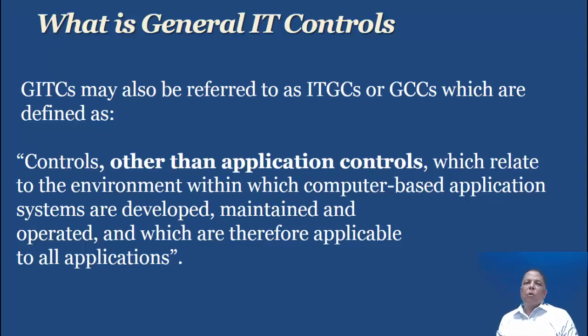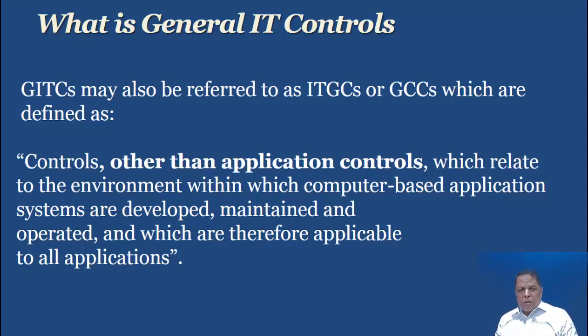Any application will be sitting on an operating system. It will have a database. It will have networks. There will be procedures to handle user management, user creation, user modification, user terminations, periodic review of access rights. There could be procedures for change management, emergency changes.